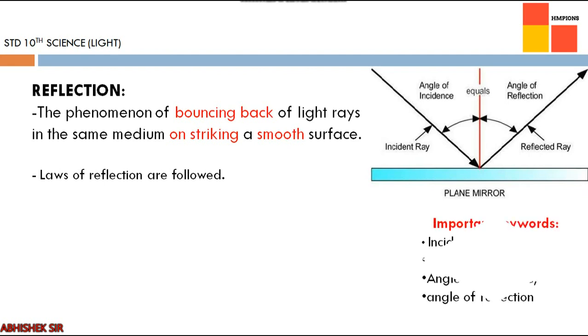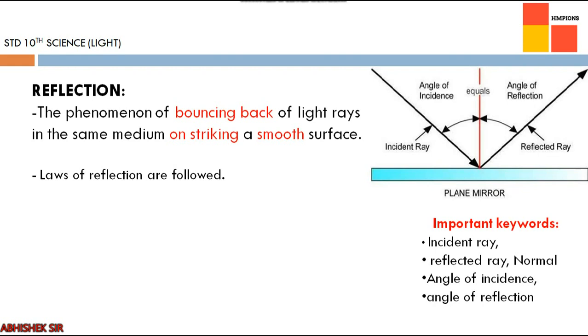Now, very important, if we want to study this figure, we need to know about the incident ray, the reflected ray, the normal. You see that red line in the figure exactly in between, which is perpendicular. It is called normal. Two angles we are going to study, that is angle of incidence and angle of reflection.